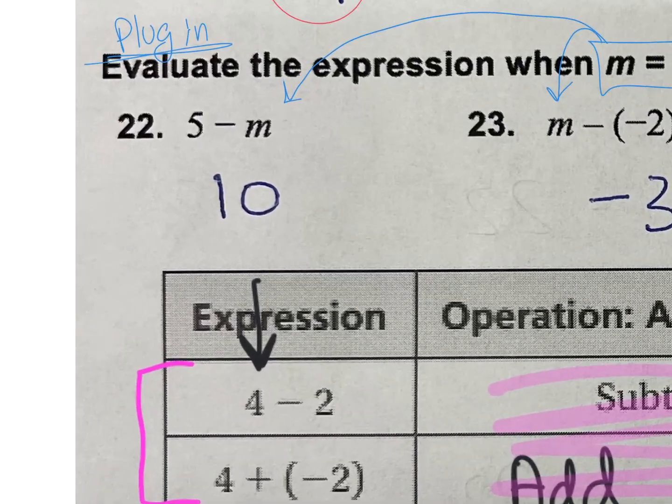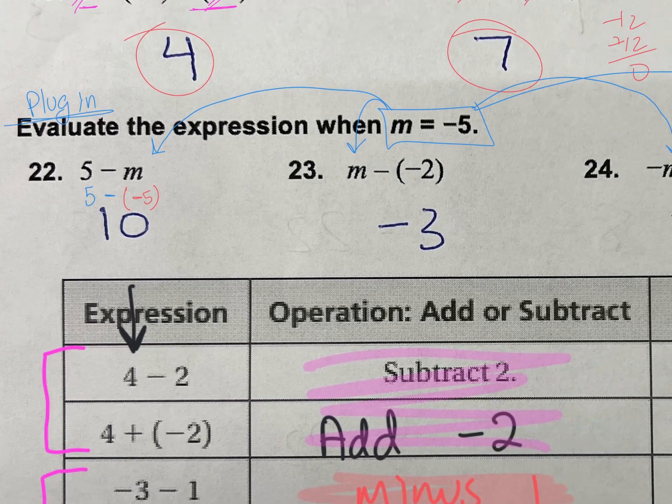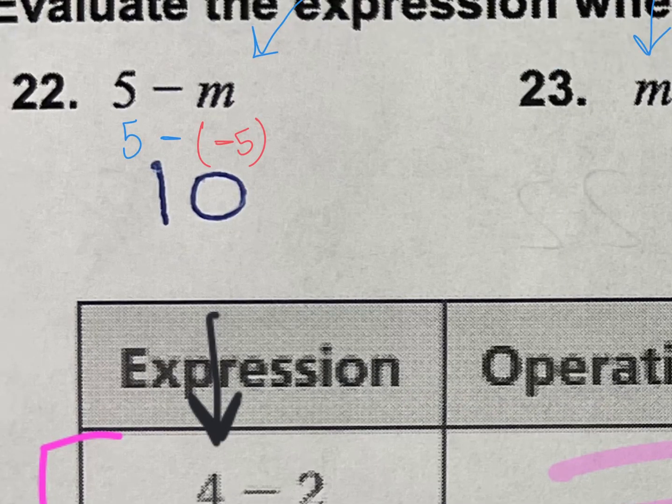And then you could rewrite what's going on. So what you have is 5 minus negative 5. Where did you get that negative 5 from? Right there. And that's how you get 10. Because removing negativity is being positive.